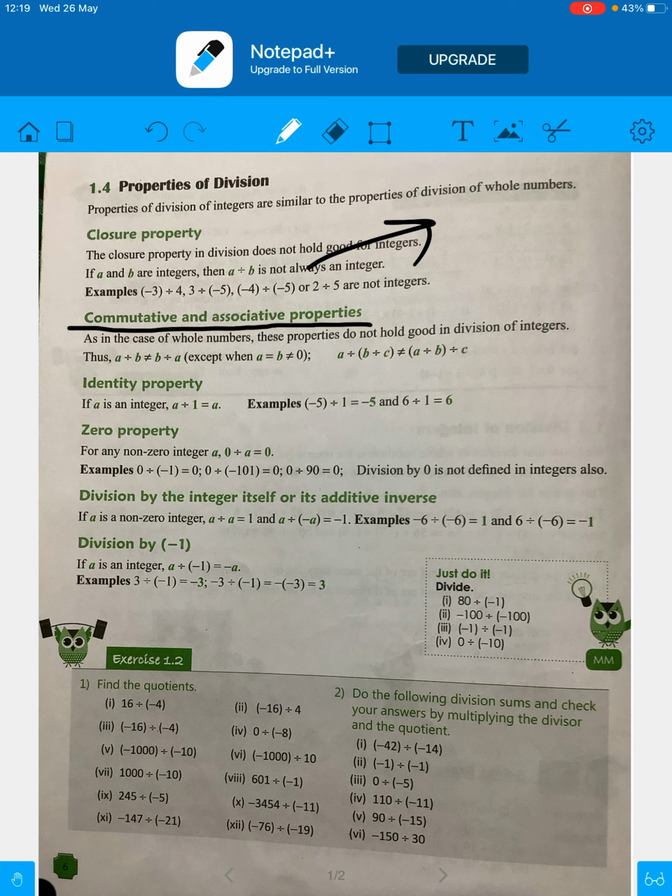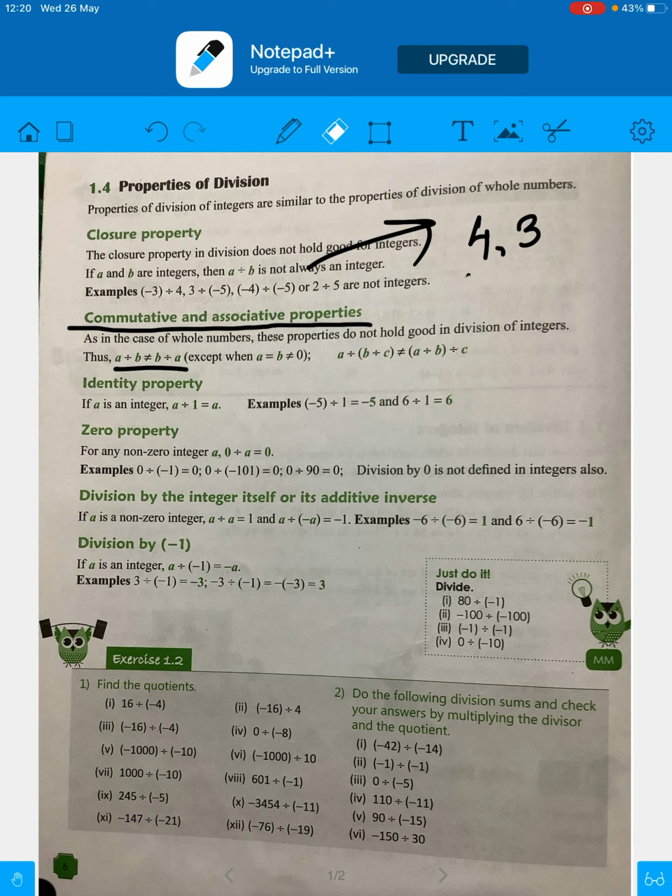Okay. What is commutative law? Commutative law in case of multiplication was if a and b are two integers, then a into b is equal to b into a. But this doesn't hold good in case of division. Suppose we take 4 and 3. Suppose 4 divided by 3 can it be equal to 3 divided by 4? No, right?